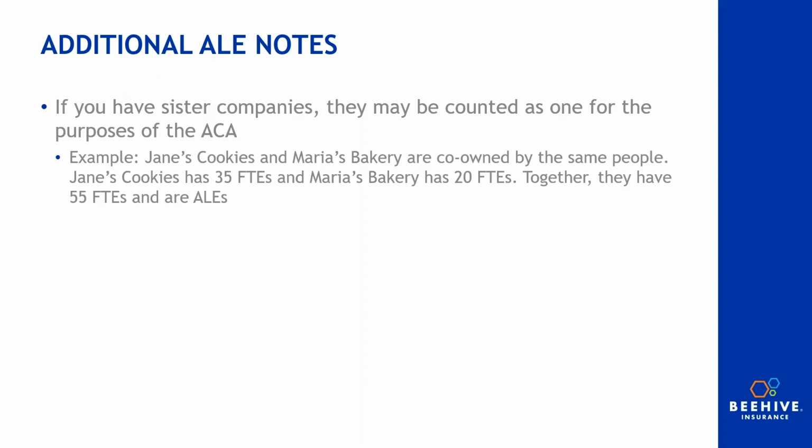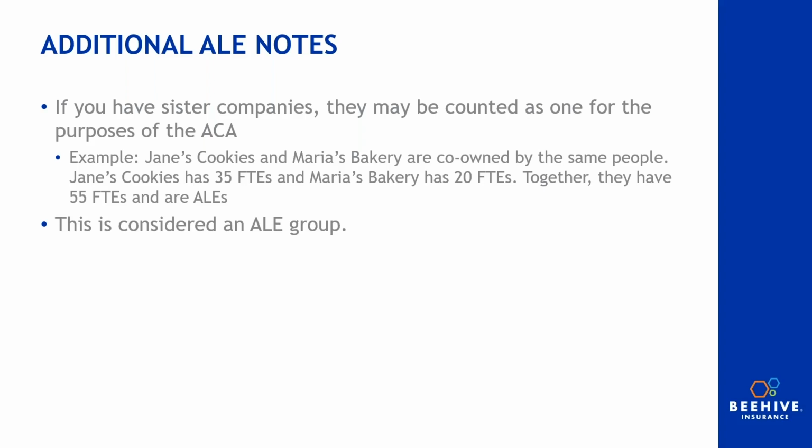They are co-owned by the same people. On their own, Jane's Cookies only has 35 full-time equivalents, and Maria's Bakery has 20 full-time equivalents. However, since they are co-owned, together they have 55 full-time equivalents, and they are considered an ALE. This is considered an ALE group.